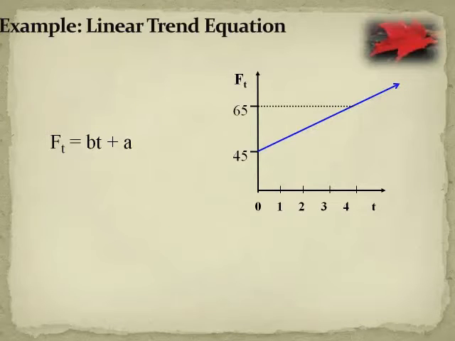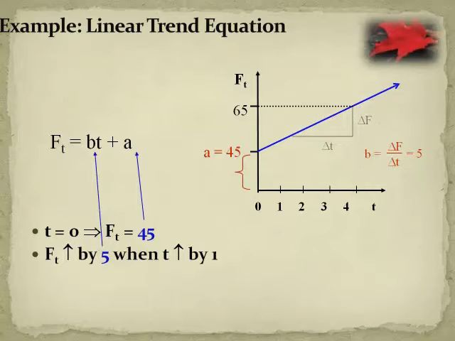So here's an example of a straight line. A in this example is 45. That is the point where it hits the intercept, and the slope is going to be 5, rise over run. So the formula in this example is A plus 5t.